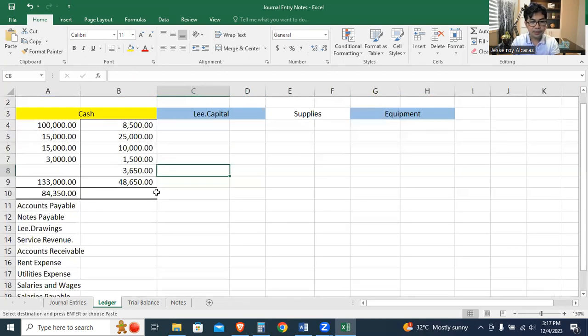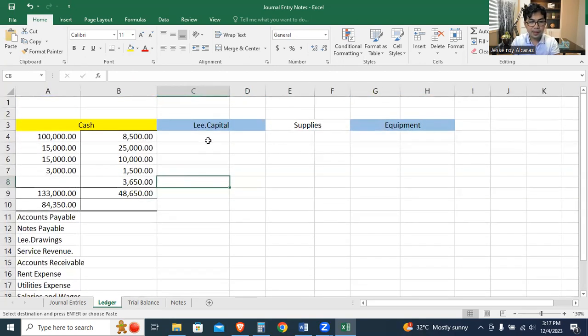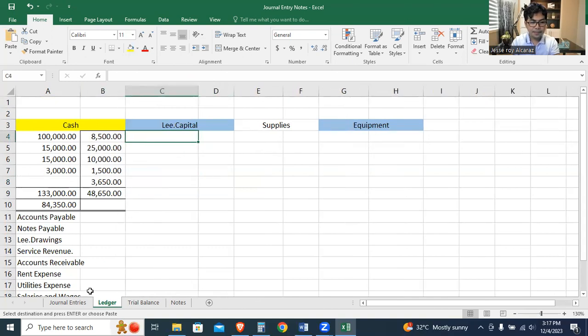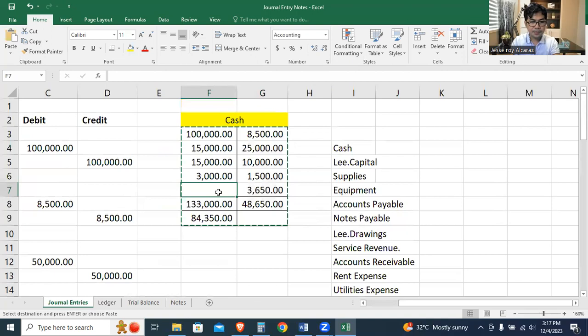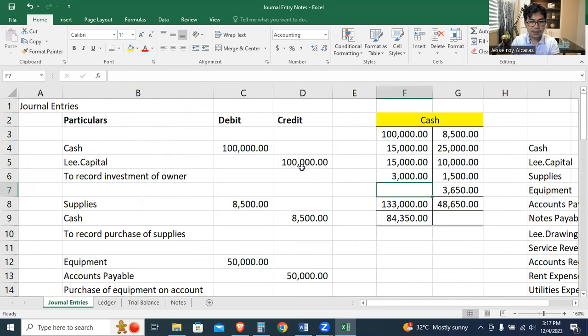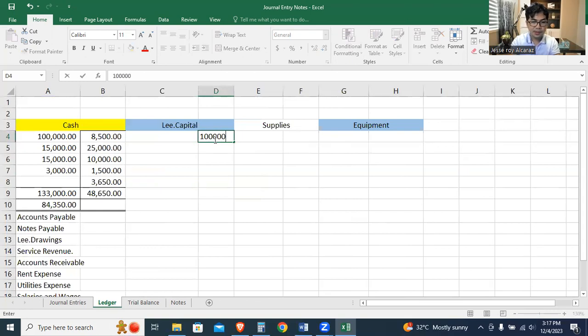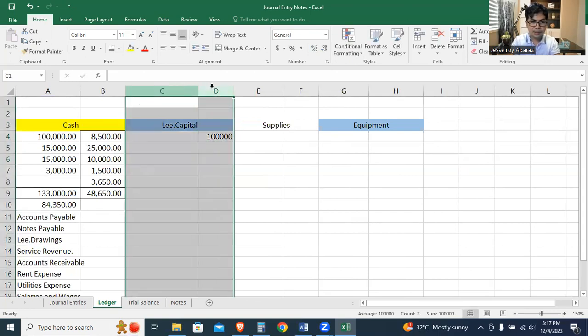Then, Lee Capital. Actually, isa lang man yung Lee Capital, no? We have 100,000 credit.